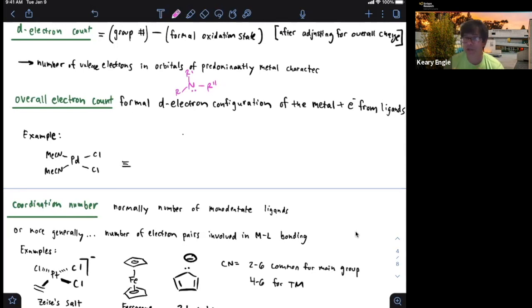So the d-electron count defines the number of, quote, non-bonding electrons sitting on the metal. A more precise way is to say that they're electrons in orbitals of predominantly metal character.